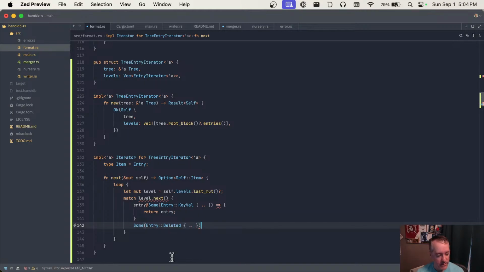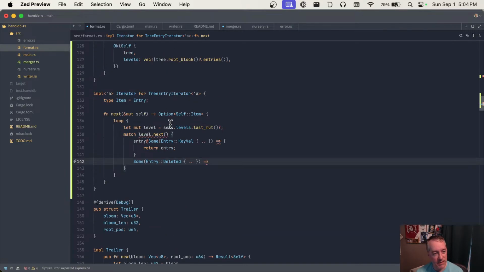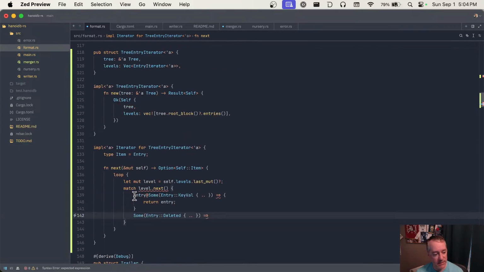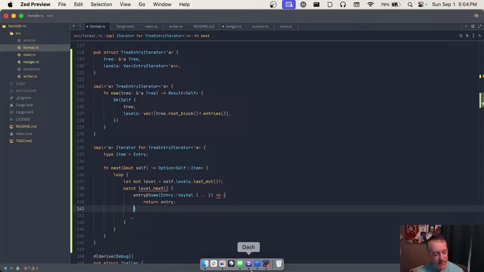Like, well, here's an actual question for Greg and Creston. Do we care? Should we be pushing the tombstones? Should we be returning tombstones? It's an interesting question because I think maybe we do.